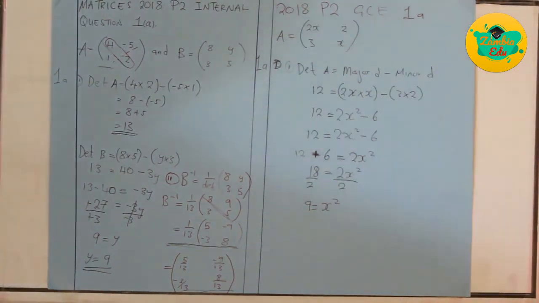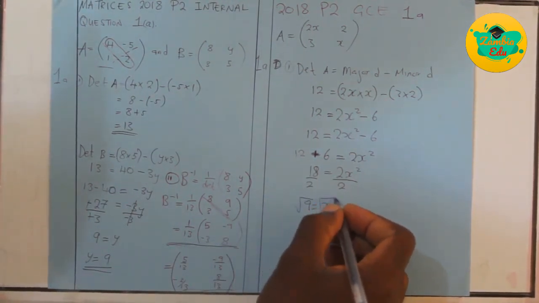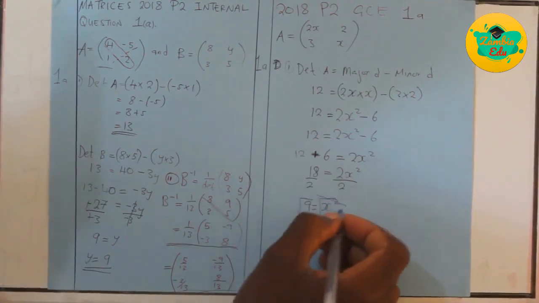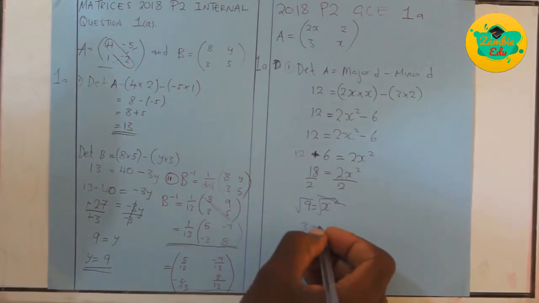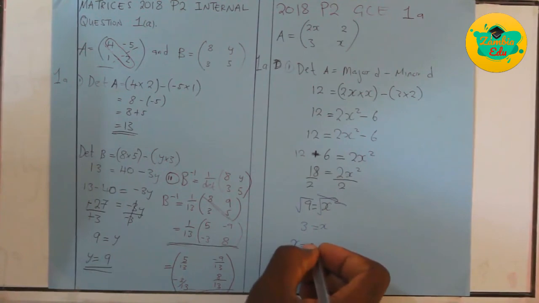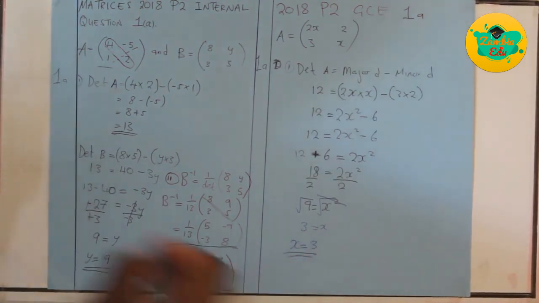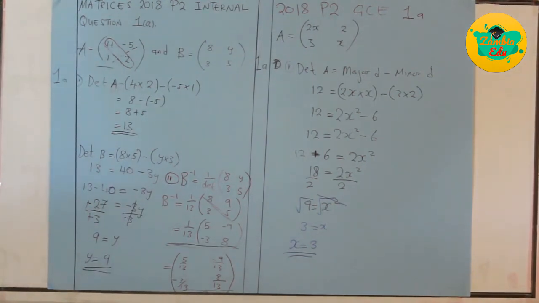What we are looking for is the value of x and not the value of x squared, so to eliminate the squared, we square root on both sides. The square root cancels the x squared, and the square root of 9 is 3. What that means is that the value of x is equal to 3. So when you do that, you would have found the value of x that we are looking for.